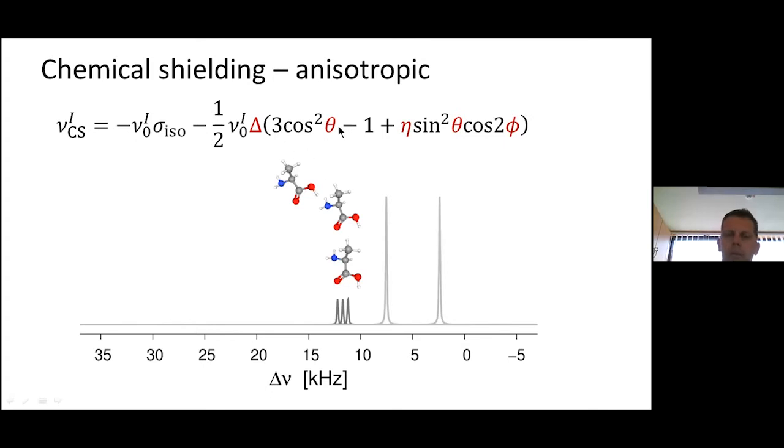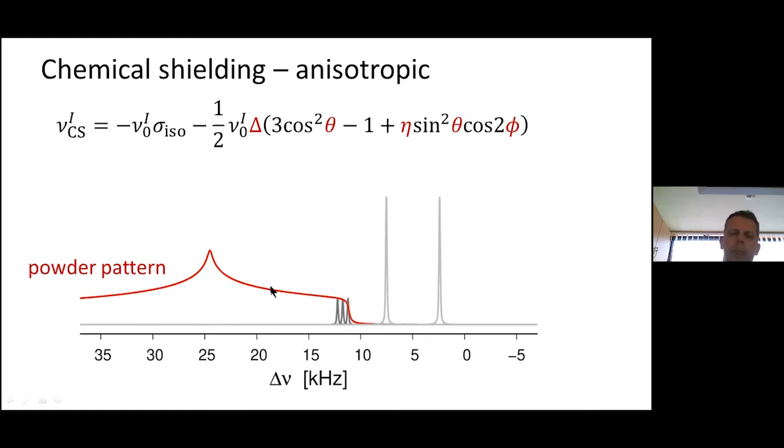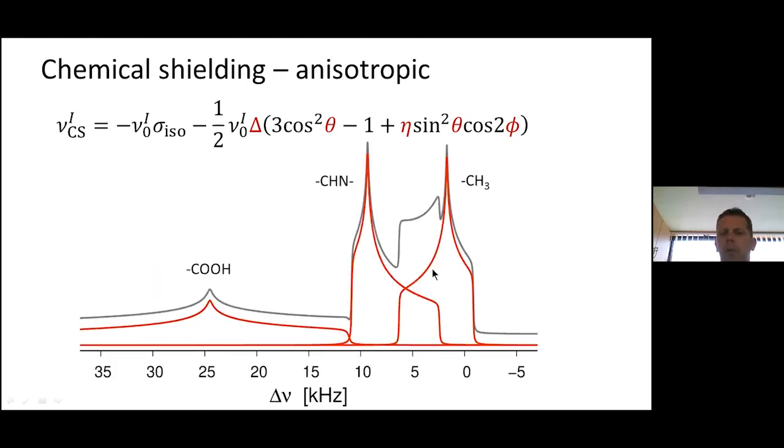And so for all contributions, for theta ranging from 0 to 180 degrees, for phi ranging from 0 to 360, we will get a spread of line, a distributed, broad line, which we call a powder pattern. And of course, we will get this for all three sites for this particular case of the alanine molecule, which I'm showing.